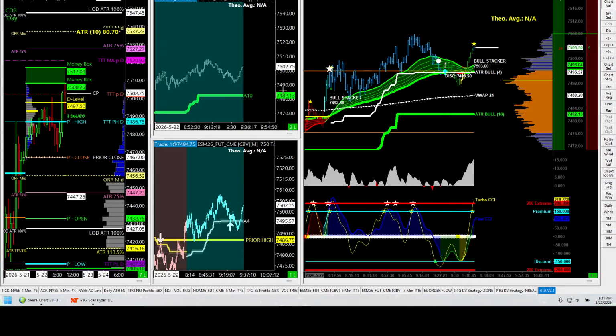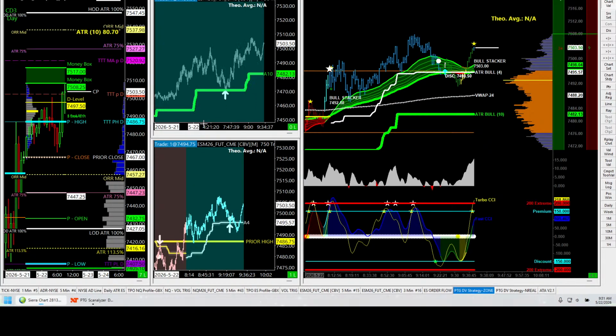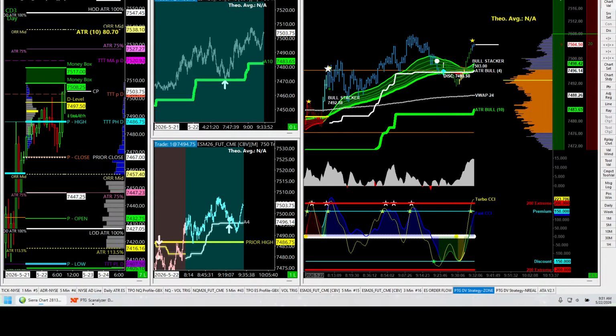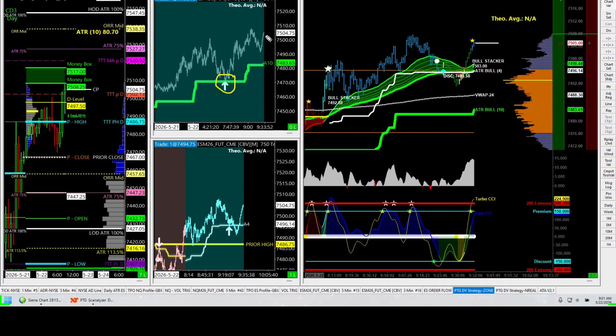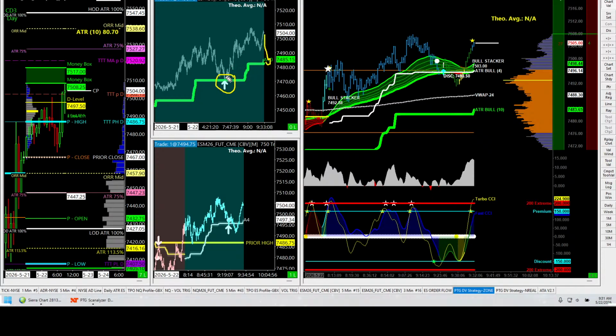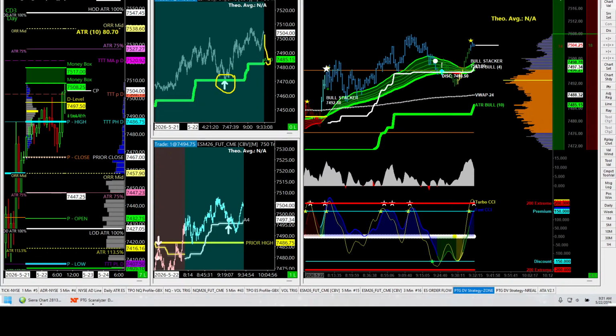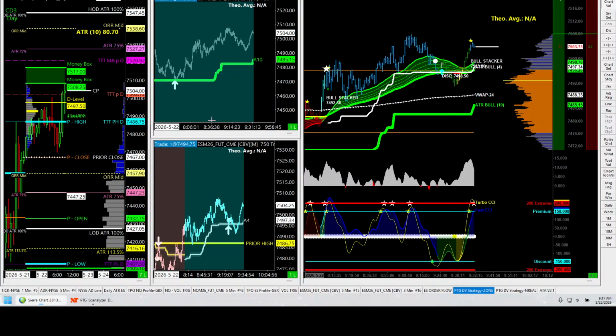All right. Let's see. I think the A10 already got tagged. Yeah, so the A10 here already got tagged during overnight. So what does that mean? That means if we get a pullback down to the A10, the auto X will not trigger. It's always the way I have this designed.